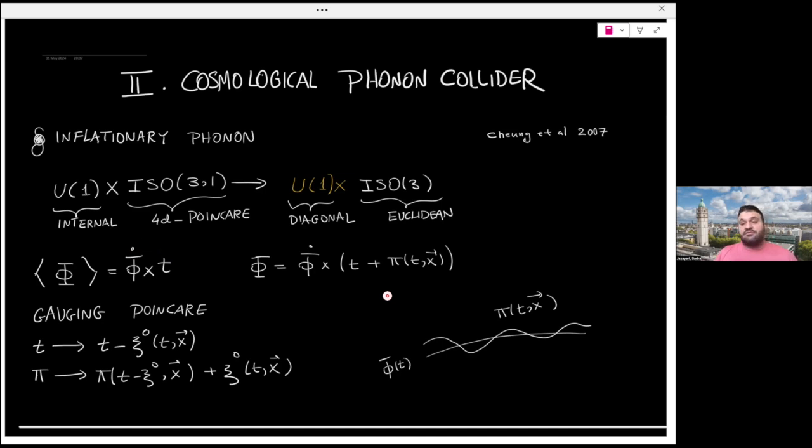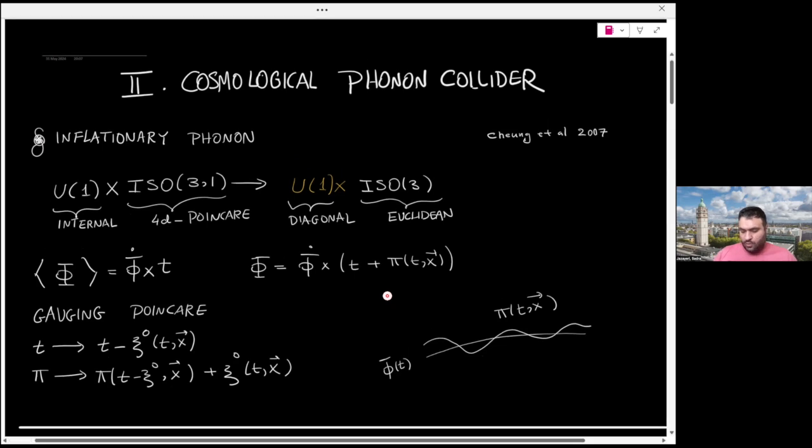And this time-dependent vev breaks the isometries of Poincaré down to a subgroup, which is basically a diagonal combination of the time translation symmetry and shift symmetry, and also, of course, the Euclidean group, which describes the isotropy and homogeneity of our universe.